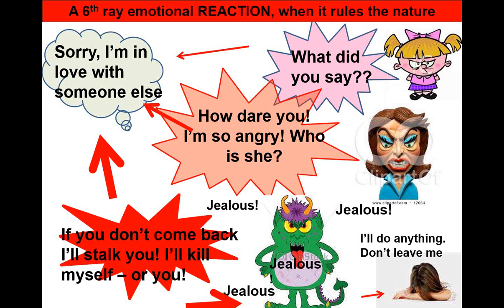Now, when you're on the path, because most of us have a Ray 6 emotional body, it's easier to see than the Ray 2. I have met genuinely some people who do have a Ray 2, and the way I recognize them is this. I used to work with one lady quite closely year after year, and it didn't matter what we were going through, what dramas were taking place in the class, she never reacted in the way that I would sometimes.